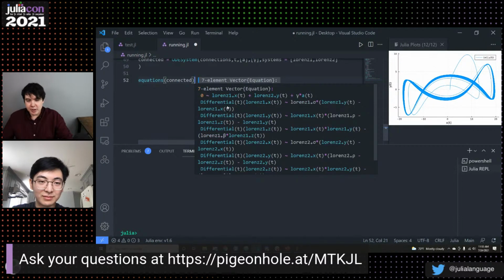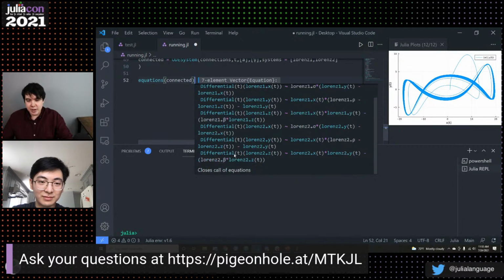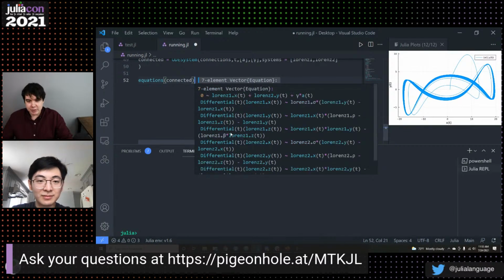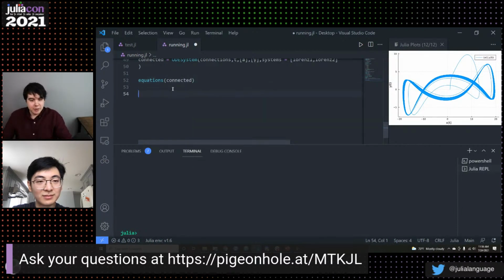So you have two independent ODE systems which are the same, and then you have the connection equations as well. There's your connection equation, there's our first ODE system, and then there's our second ODE system, right? And notice that there's this namespacing going on, so Lorenz 1 has a variable named X, Lorenz 2 has a variable named X, but they're actually two different variables that we can reference.